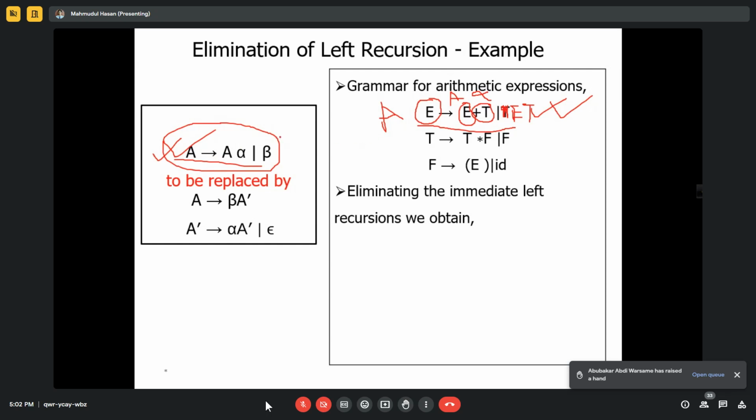Beta means the absence of A, that is beta. But there is the presence of A, and here A means E. So this one is not beta. But there is only T, so we can consider T as beta.